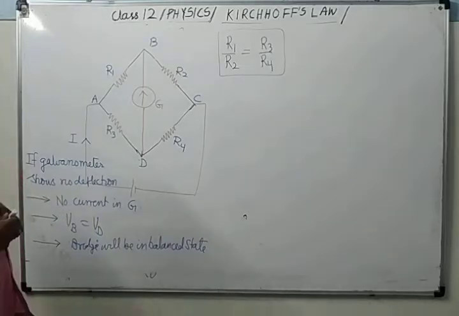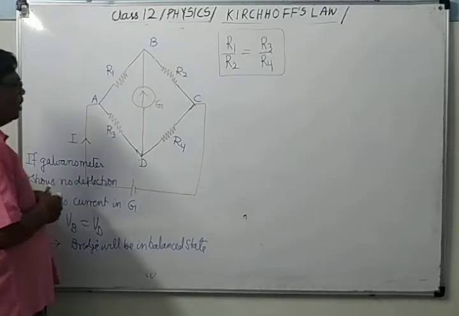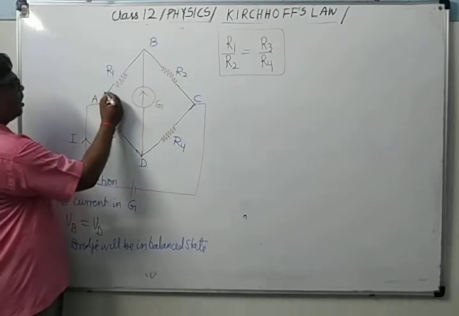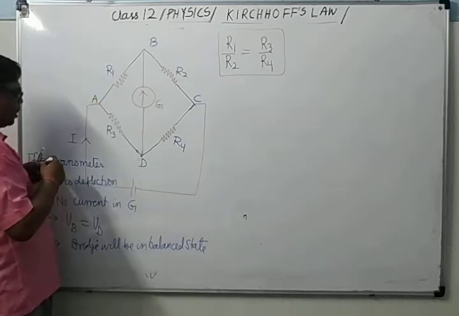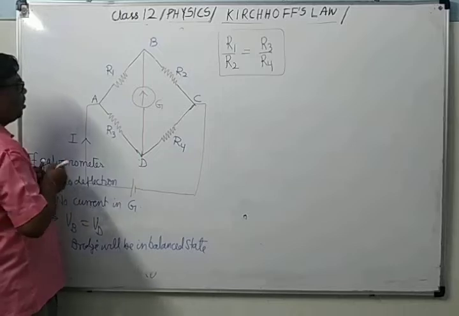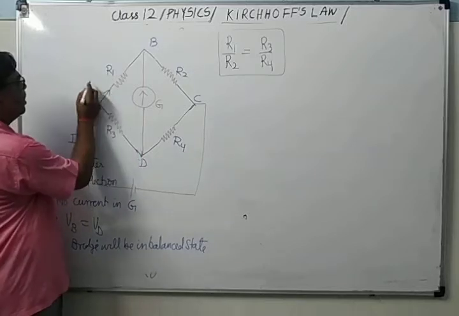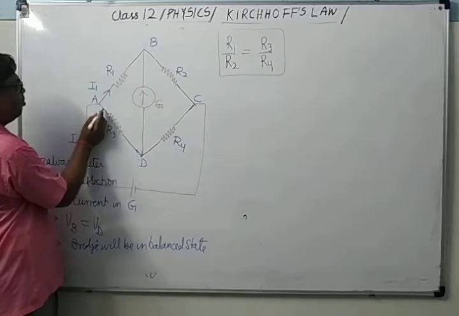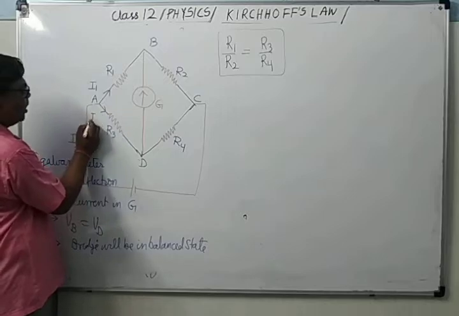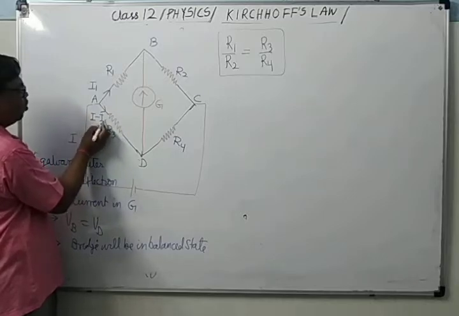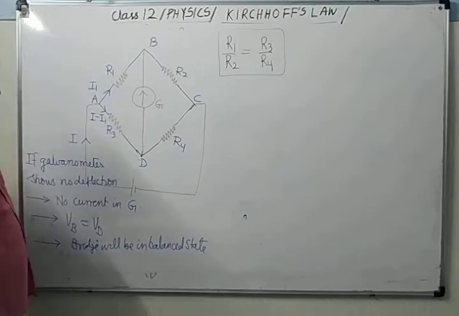Now see here. Here we have taken current I, so the current will divide at this point. Suppose current I1 goes this side, so the remaining current I minus I1 will flow through R3. It's clear?